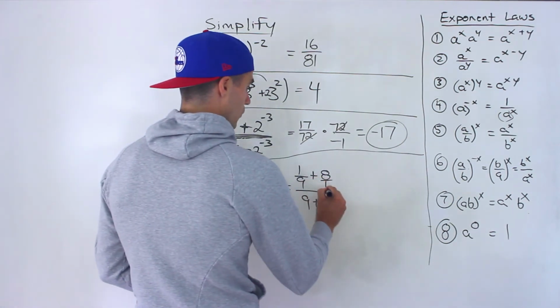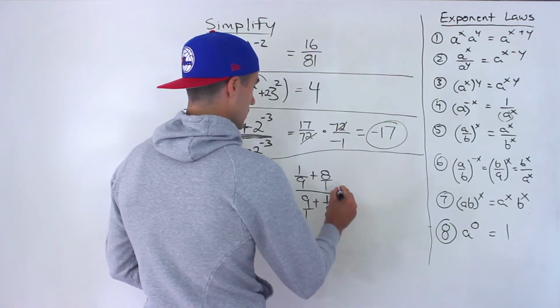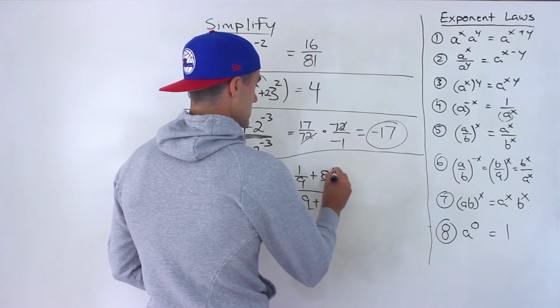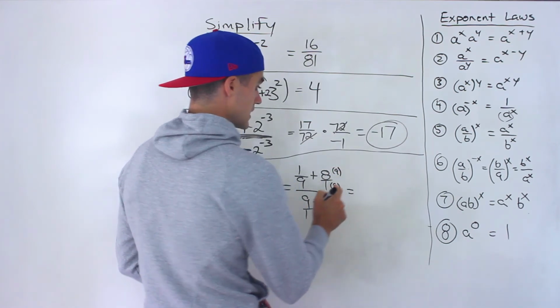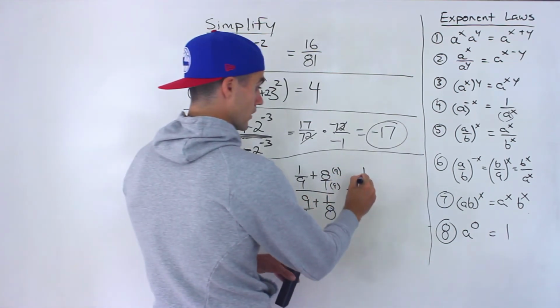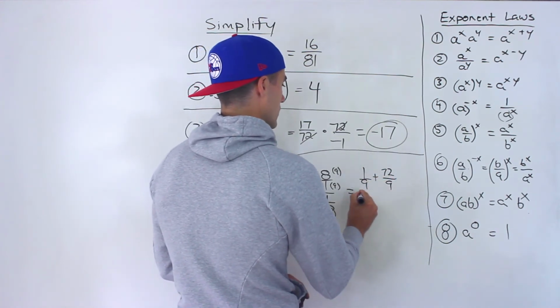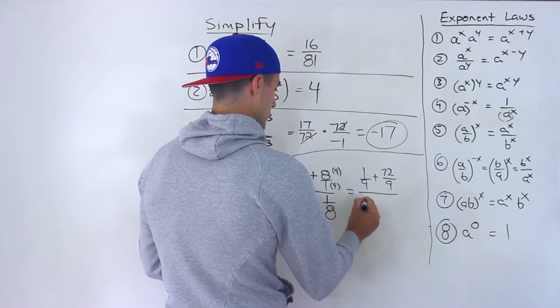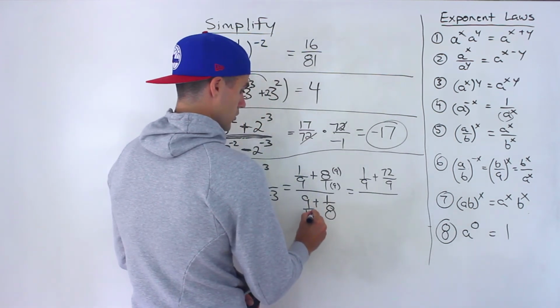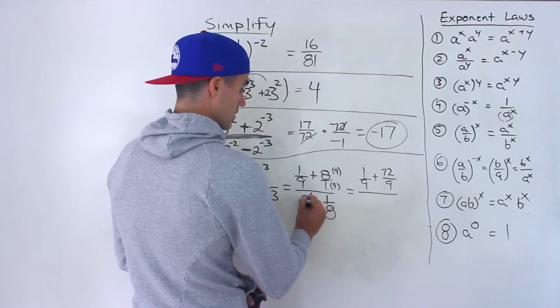So this is going to be over 1. This is going to be over 1. So we would multiply this by 9 to get a common denominator. So we'd have 1 over 9 plus 72 over 9. Maybe it's not more complex. Multiply this by 8, common denominator, this by 8.